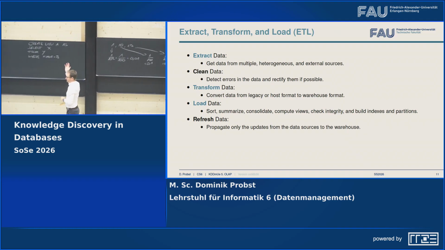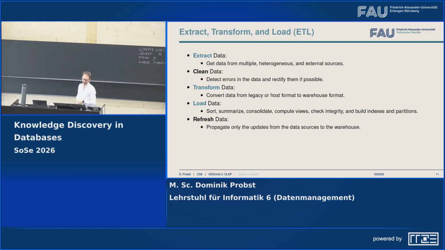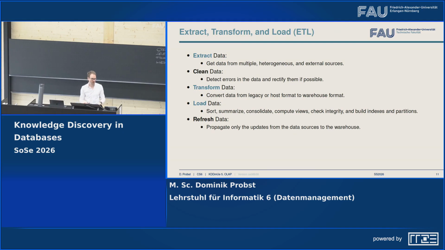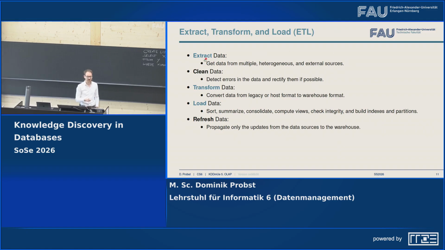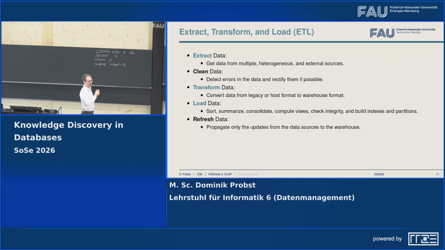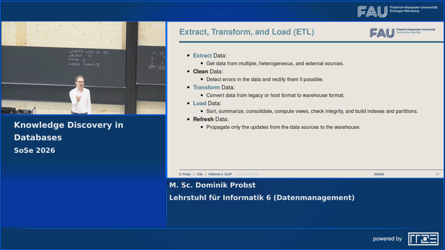I think that this 5-step process is the most often used process. There you start with extracting data, trying to find data in multiple heterogeneous and external sources. So databases, relational database management systems, but also Excel files, PDFs, and things like that. And you extract the data from these original sources to be ready to be put into a data warehouse.